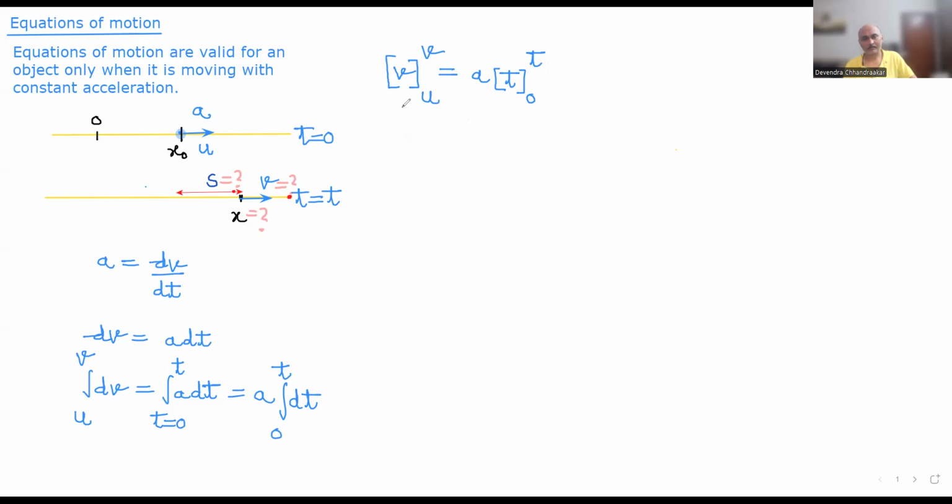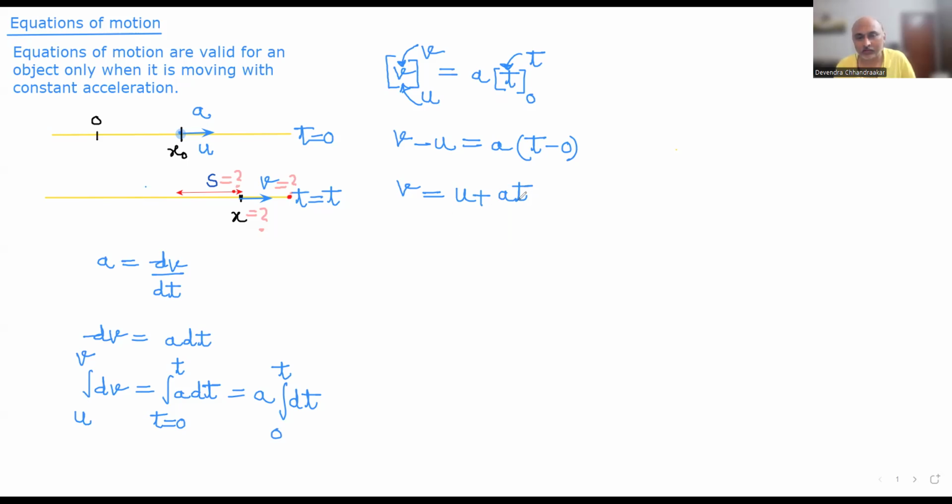Now what we do here is substitute the upper limit minus the lower limit. So this becomes v minus u, which is equal to a times the upper limit t minus 0. So we have v equal to u plus at.